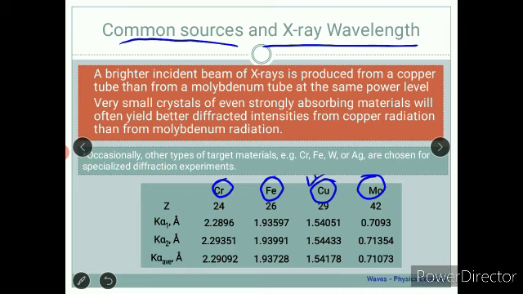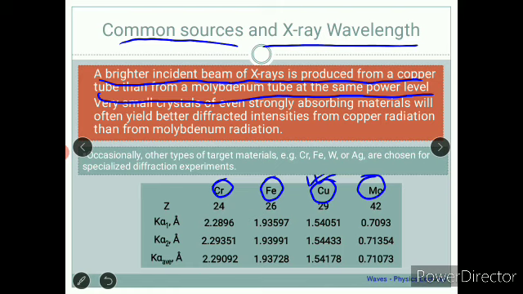Copper is mostly used because it produces a very intense peak. A brighter incident beam of X-rays is produced from a copper tube than from a molybdenum tube at the same power level.